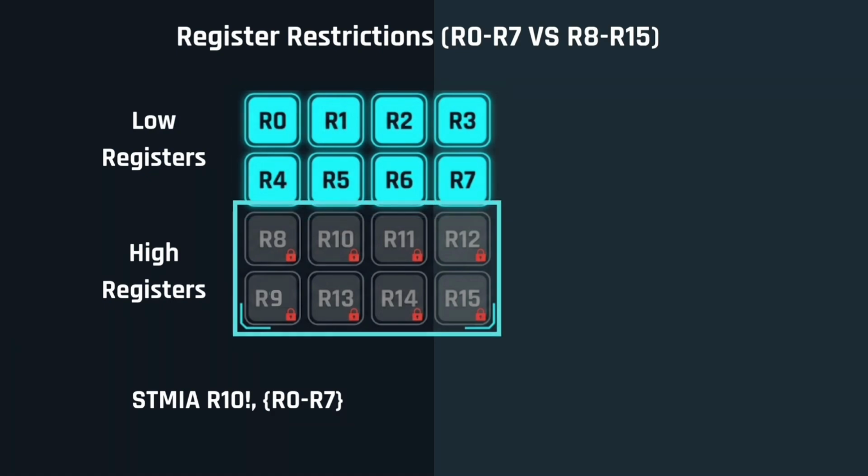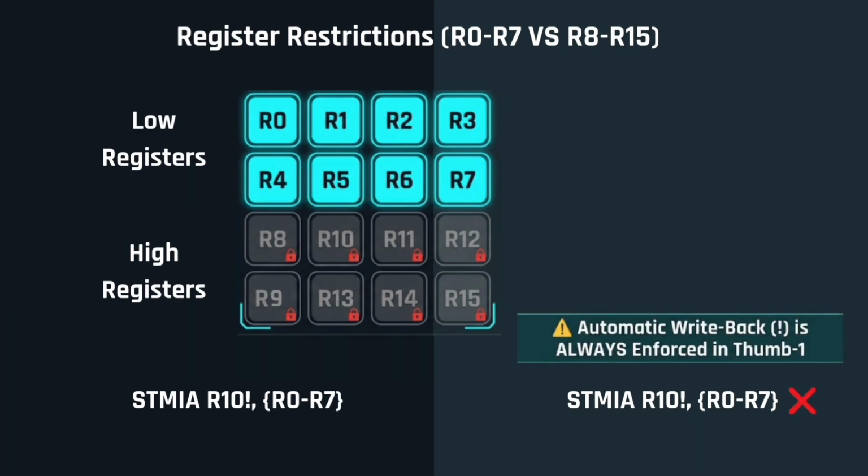Registers like R8, R9, link register, program counter cannot be used with the general load multiple increment after and store multiple increment after instructions. Another important point is that write back is mandatory in Thumb-1. So after the transfer, the base register is automatically updated.